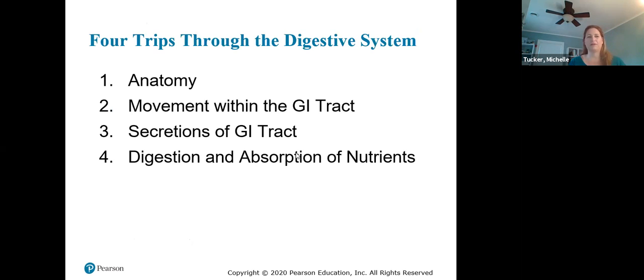Okay, so now we've kind of given that broad introduction. So that was called part one. It's the broad introduction to the orientation of digestive organs to each other, the four tunics that are throughout all of the digestive organs, with modifications, which we'll discuss later.